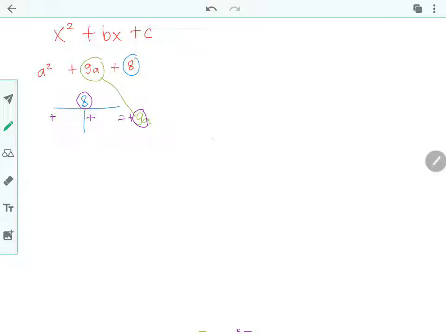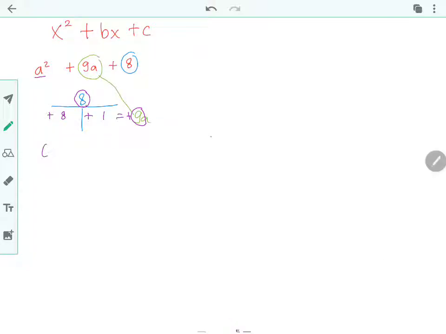So what numbers should be multiplied to equal 8, then if you add them, equal 9? That will be 8 and 1. Then if you already get it, what you need to do is just rewrite it. Here the variable is a, so the factors are a plus 8 multiplied by a plus 1. Okay, that's one example.